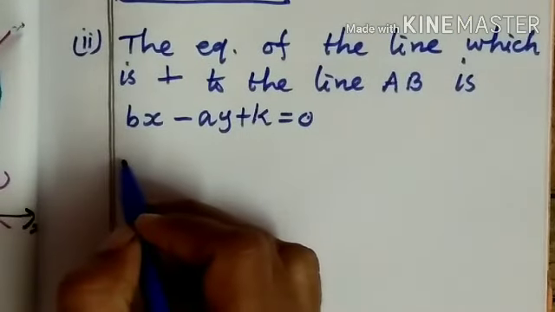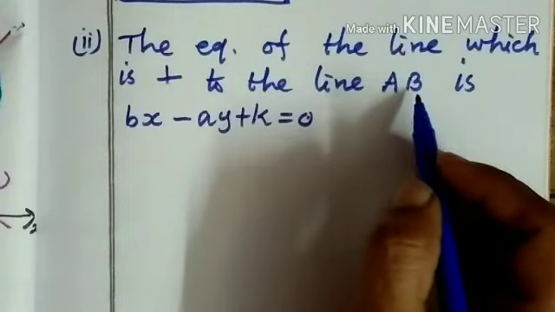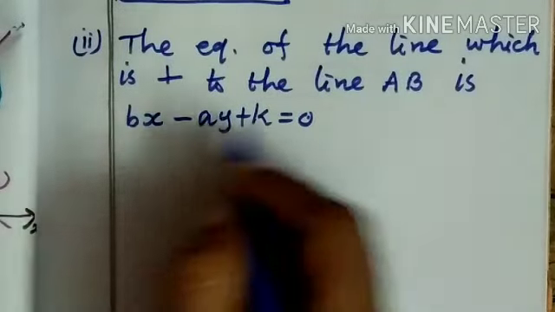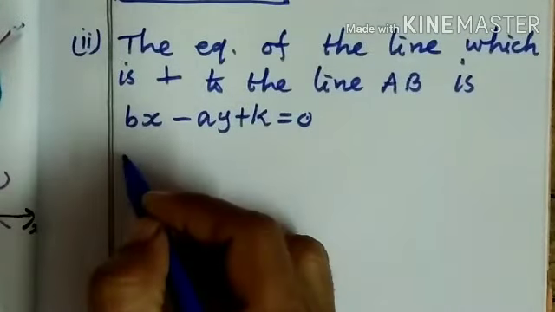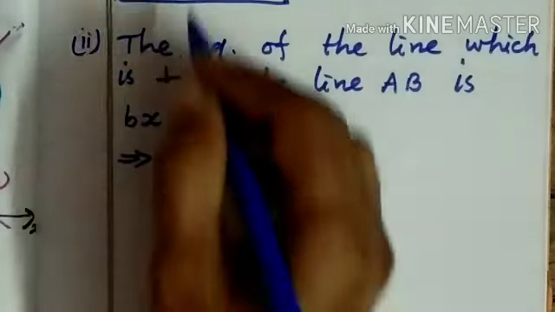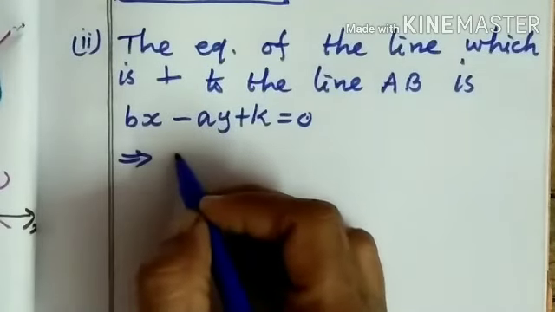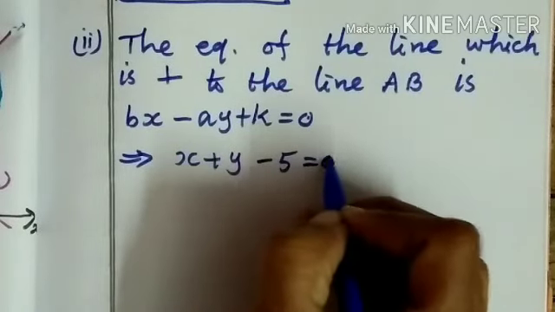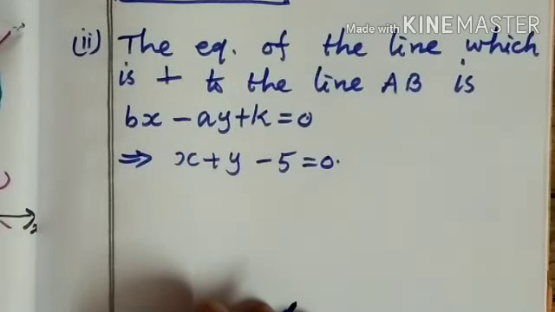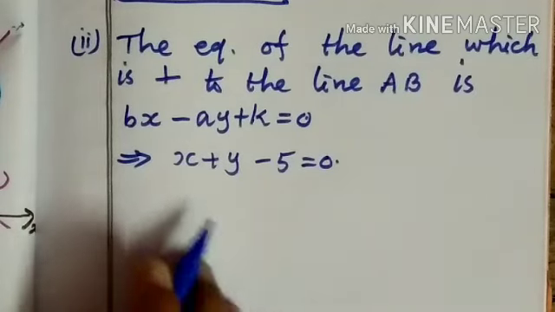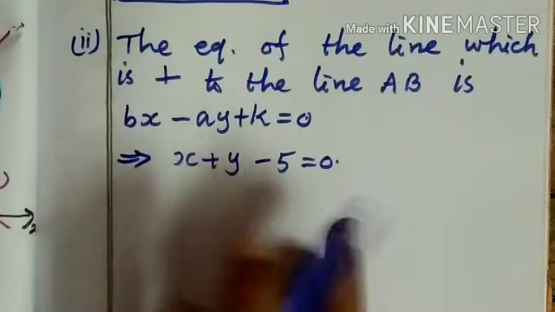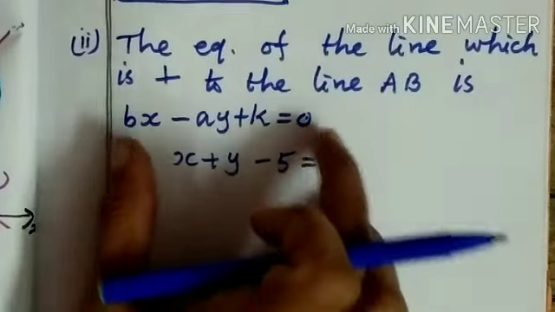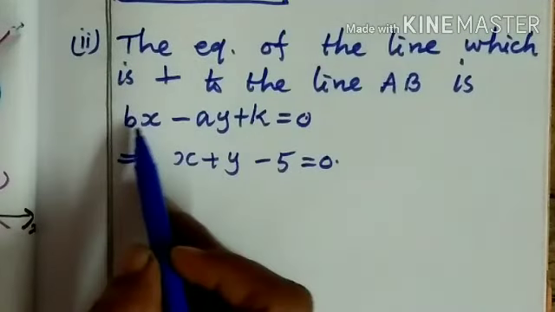First you take down and write the equation of the line AB, that is the answer for the previous subdivision: x plus y minus 5 is equal to 0. By the formula you have to interchange. Now you have to apply this formula.